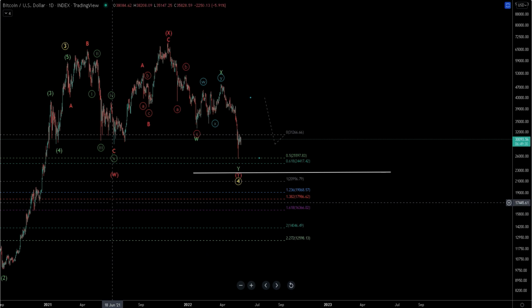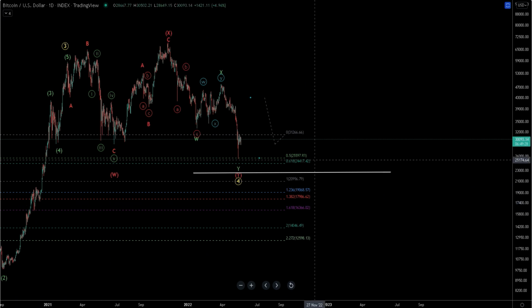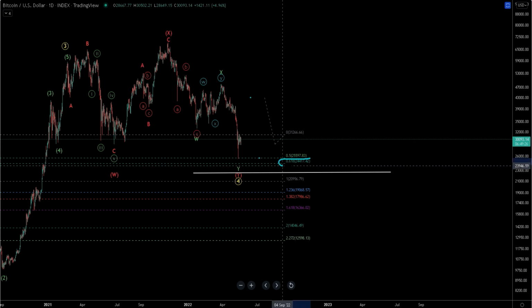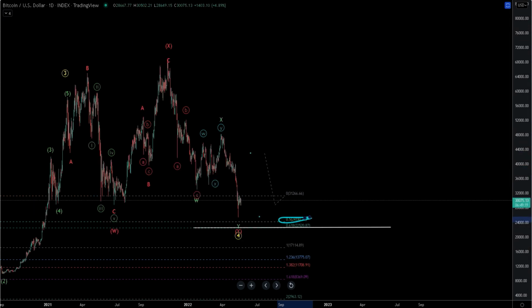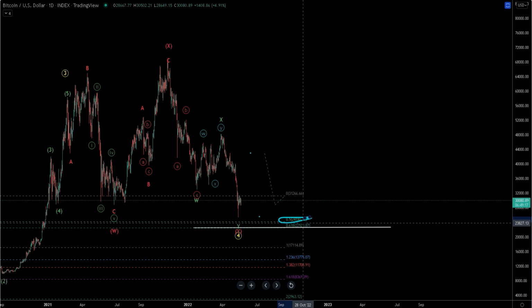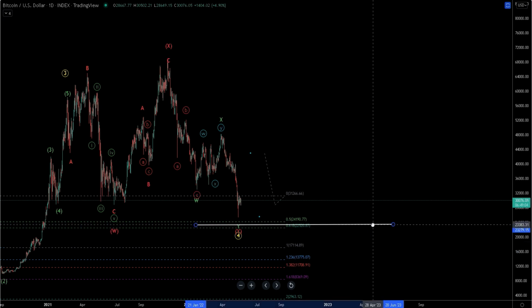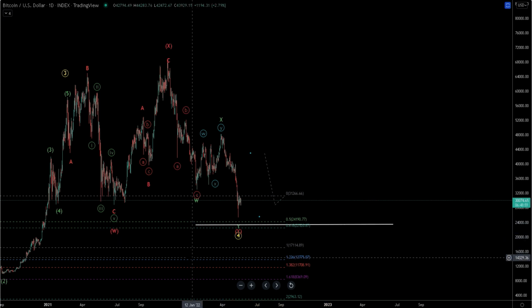Okay, and we get around 24 is the 618. Okay, and let's look at this in linear. And we get around 24, a little bit lower. Okay. All right, so what we're going to do again with our trend line is we're going to kind of split the difference.